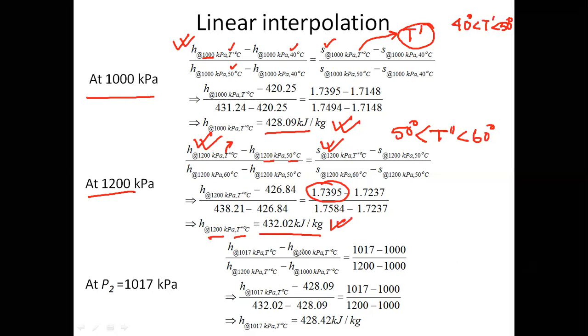Now here we are doing what? The last calculation that we have done by pivoting is S2 equals 1.7395 kilojoule per kg Kelvin. Here we are varying enthalpy with pressure. This is the pressure at which the enthalpy value is to be calculated.